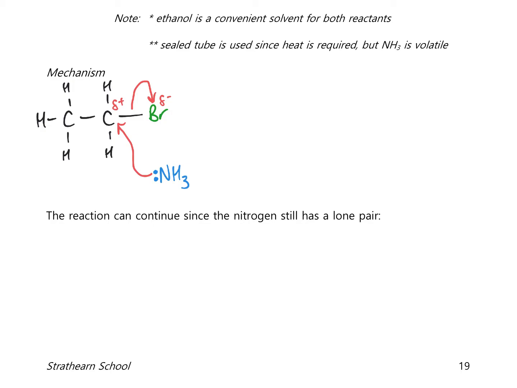So let's have a think about what we produce then. We've got our original carbon chain. We'll draw that in first. Then we have carbon now bonded to nitrogen and 3 hydrogens bonded to the nitrogen.